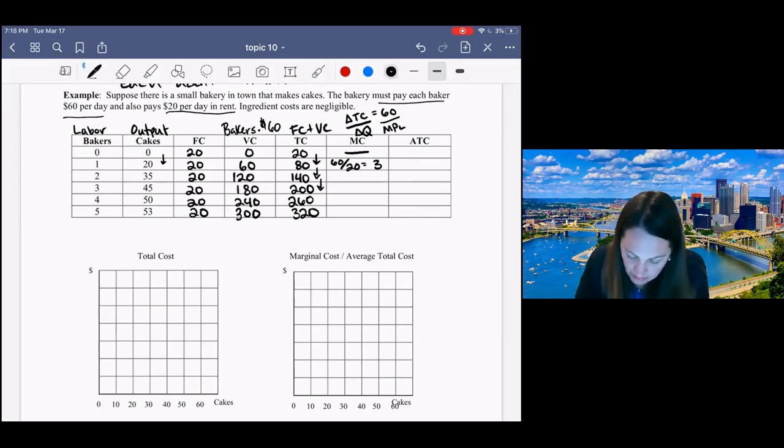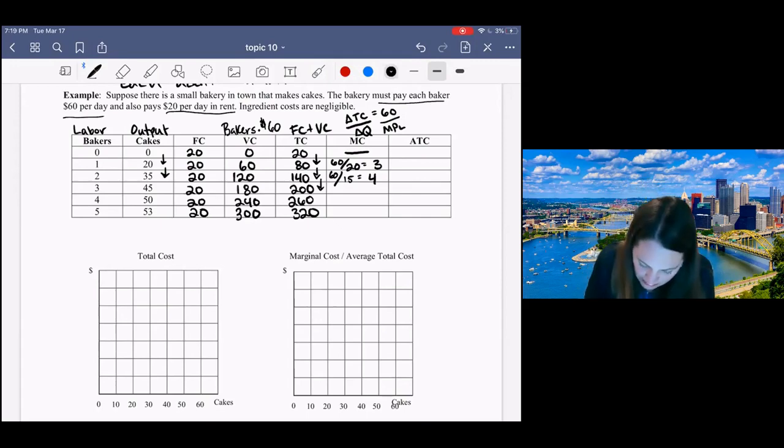Okay, if I now think about going from 1 baker to 2 bakers, again, that's going to increase my cost from 80 to 140. That's $60 in the numerator. And then the denominator is going to be the change in output, the second baker produces an additional 15 cakes, which gives me a marginal cost of 4.